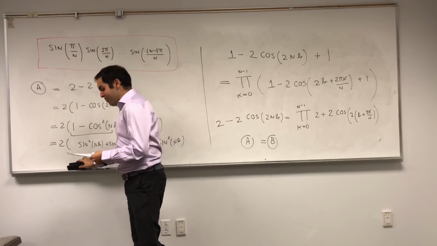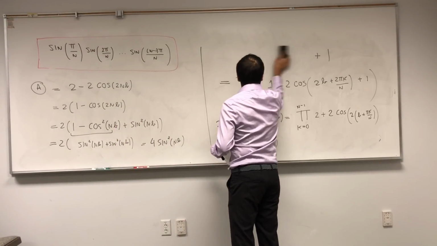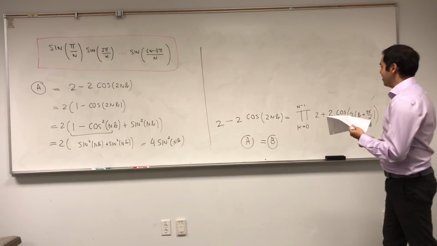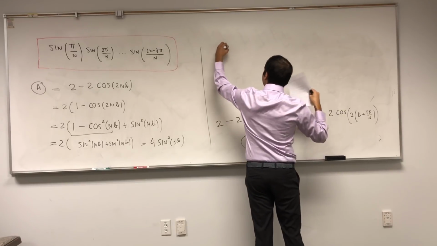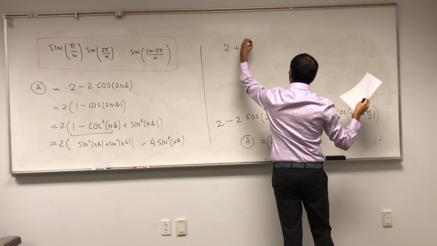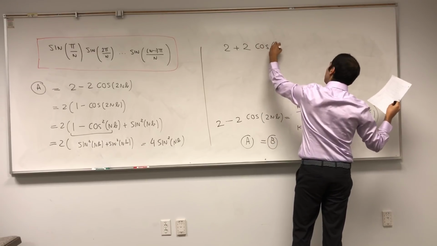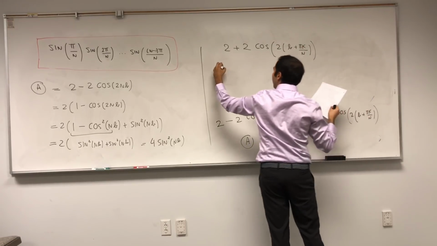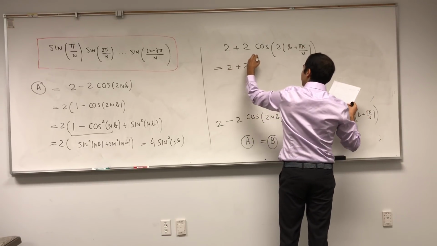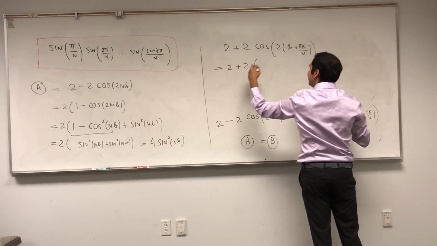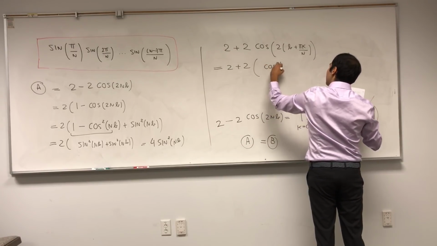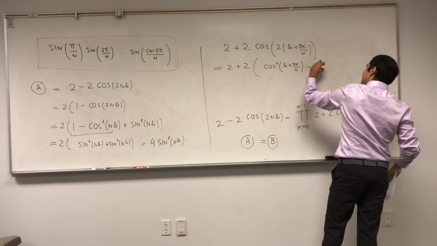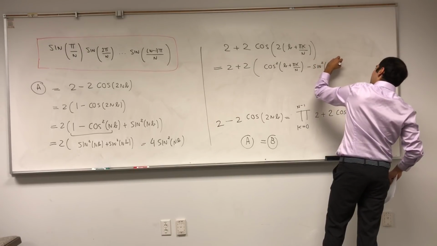And now let's look more importantly at the right-hand side. So 2 plus 2 cosine of 2 times b plus pi k over n. Well, that's 2 plus 2 times, again, let's use the identity again, cosine squared of b plus pi k over n minus sine squared of b plus pi k over n.